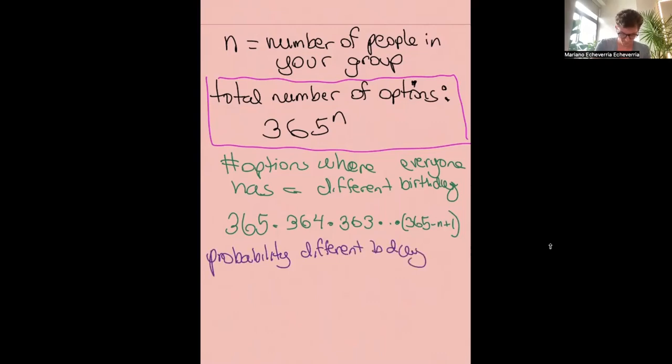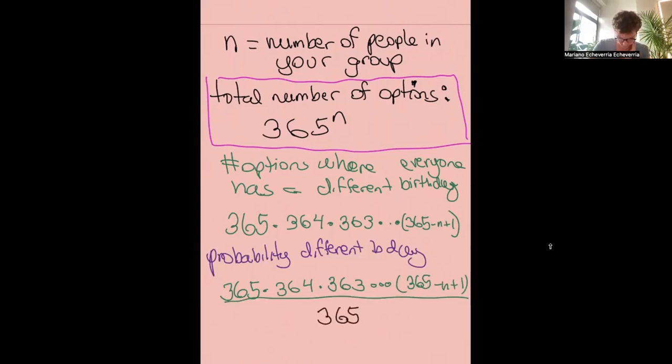That is 365 times 364 times 363 dot dot dot 365 minus n plus 1, divided by 365 to the n. Is that making sense? Questions up to this point?